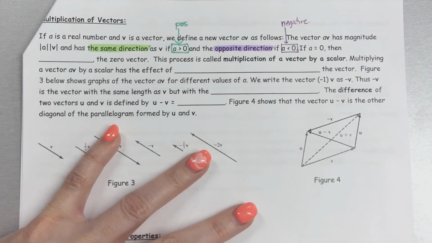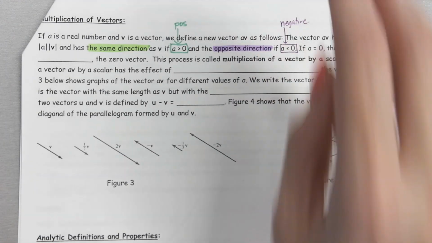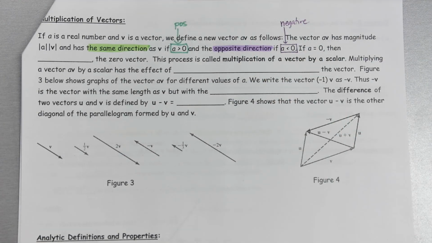So negative is the opposite direction, positive, same direction. Which again, we can relate that back to the polar coordinates when we were working with those R values, right? And if it was negative, we went in the opposite direction, the opposite quadrant.